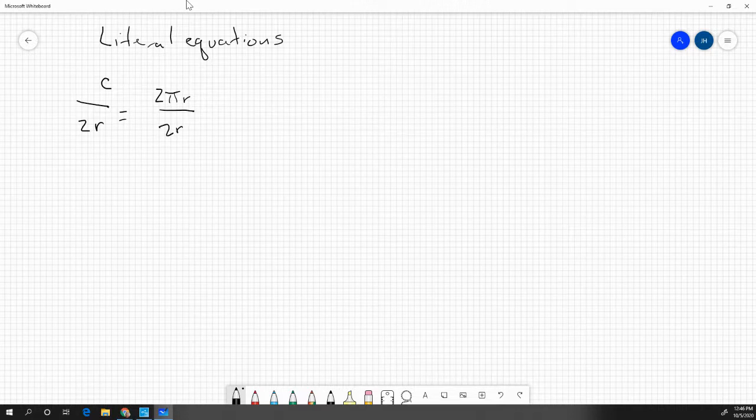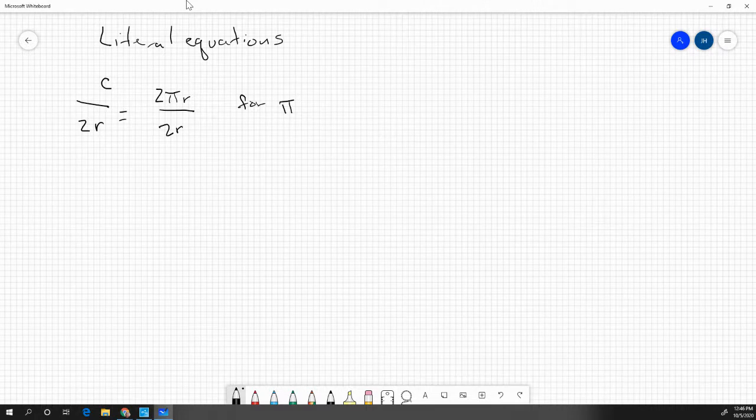And I'm asked to solve for a specific variable. So if it says solve for pi, I want to get pi all by itself. That's the variable I'm solving for.